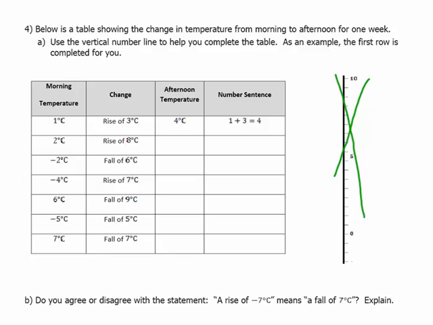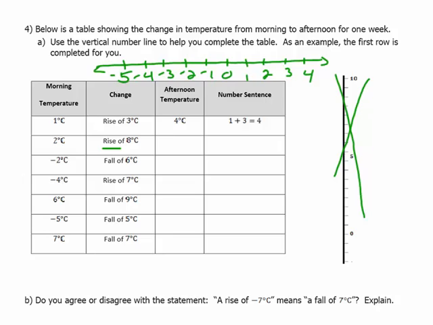If I start at 2 degrees and I rise 8, rise is our counting up. If you want, let's do a horizontal number line just so we have one up here. Negative 5, negative 4, negative 3, negative 2, negative 1.